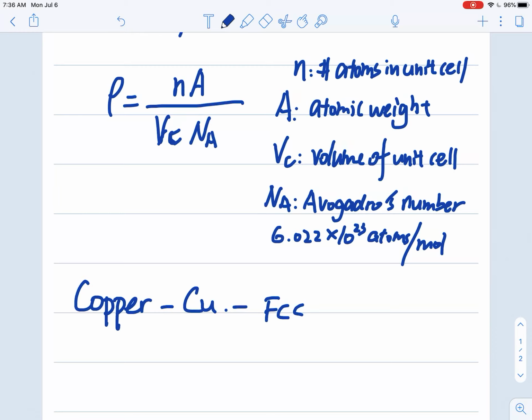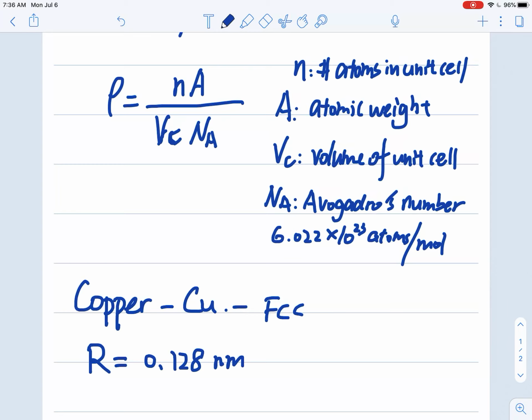It has APF of 0.75. And here let me give you something we know about copper. Copper has atomic radius R equals 0.128 nanometer. So this is the radius of the copper atom.